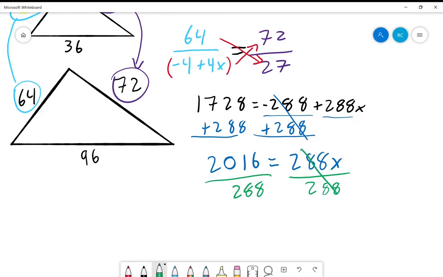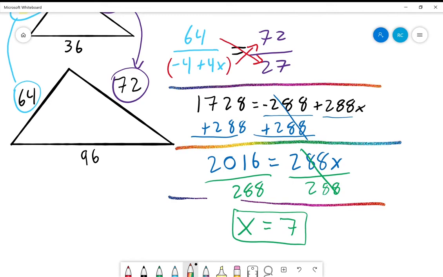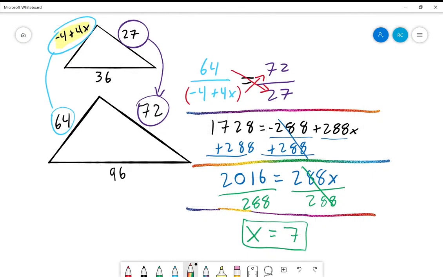And 2016 divided by 288 is 7. So we get x equals 7. I'm going to put lines in between my steps here. There we go. So forget the original diagram.